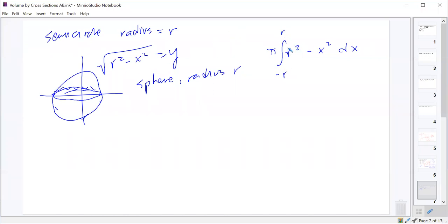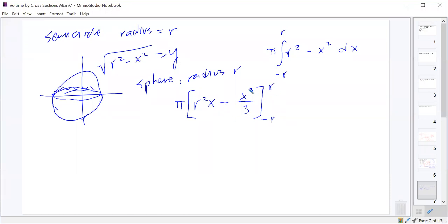It's just the radius. So r squared is a constant. So when I integrate r squared, what do I get? If I integrate a constant with respect to x, what do you get? That constant times x. So r squared x, and then the integral of the x squared is still x cubed over 3. And we're going to evaluate that from -r to r.